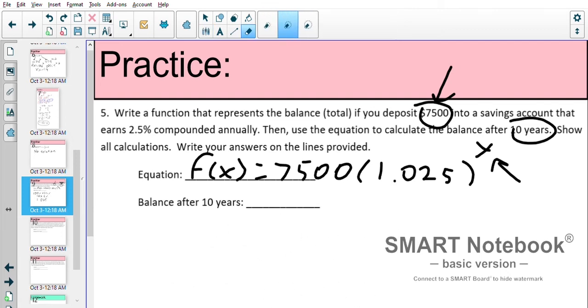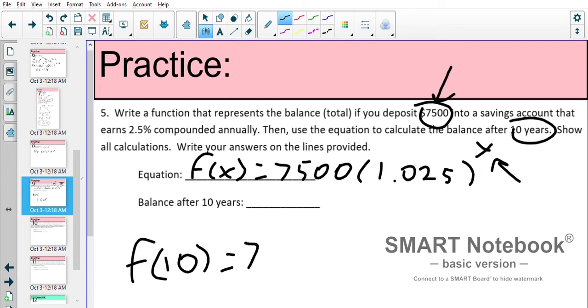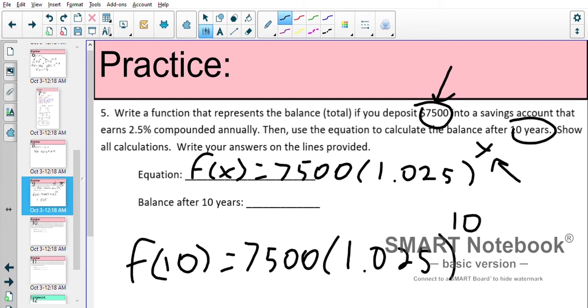All right, so that would give us f of x, or f of 10, sorry, equals 7,500 times 1.025 to the power of 10. Going over to our trusty calculator here, we get 7,500 times 1.025 to the power of 10 for a grand total of 9,600.